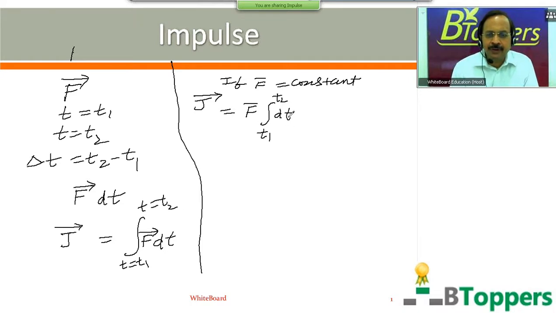The integral of dt between t1 and t2 gives you the time interval delta t. So if F bar is constant, then J bar can be written as F bar into delta t.